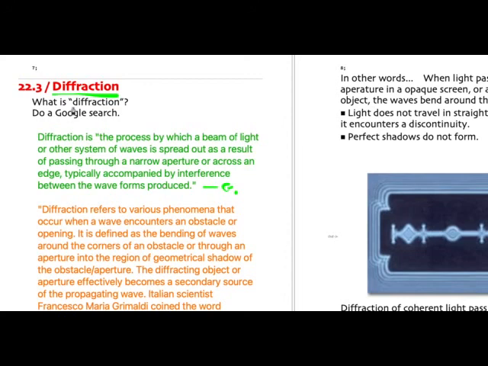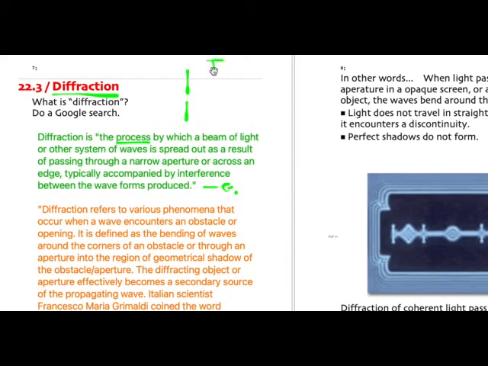So, according to Google's answer to the question, what is diffraction? Diffraction is a process. It's a process where a wave spreads out as it goes through an opening. So let's suppose we had a slit here in an opaque screen, and this is the top view.